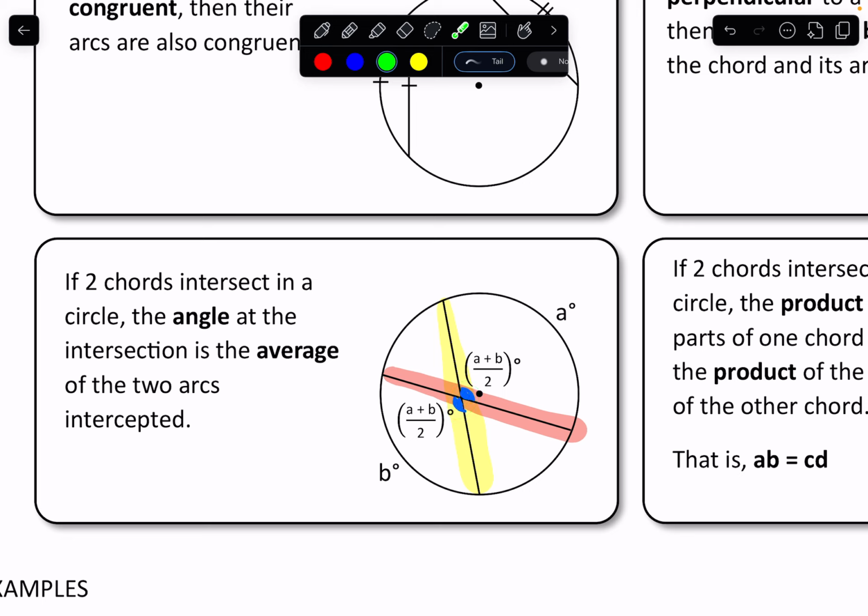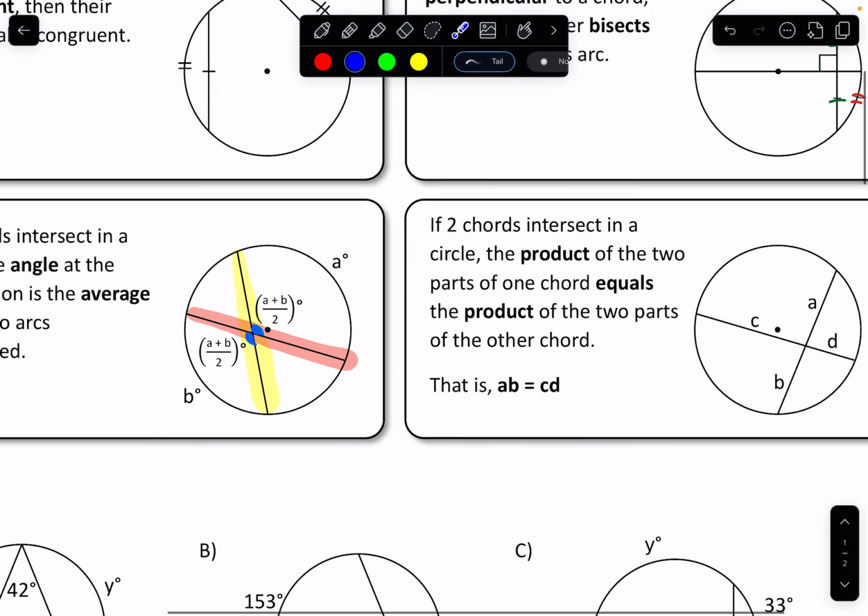Now, the same thing happens if I call this arc C and this arc D: these other two angles on the inside would equal C plus D divided by 2.